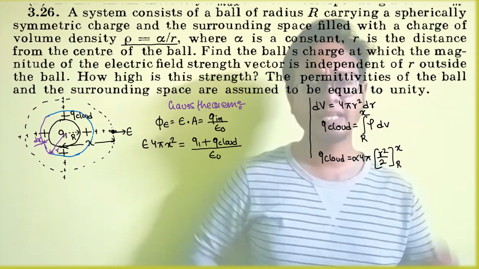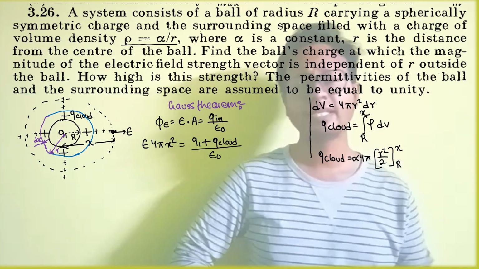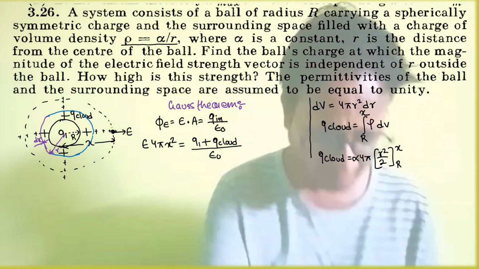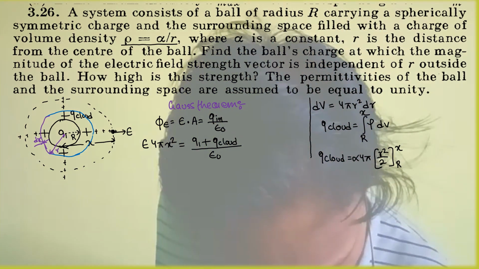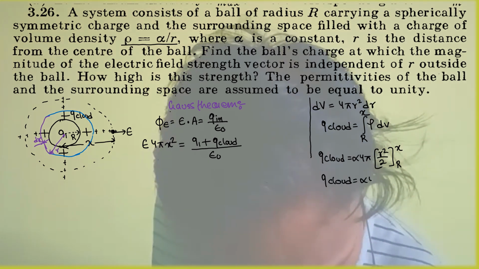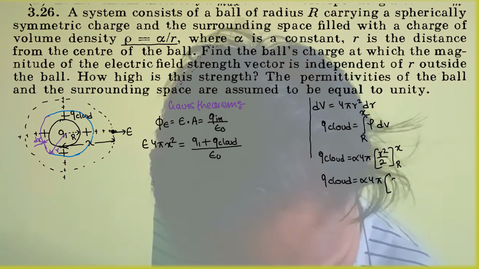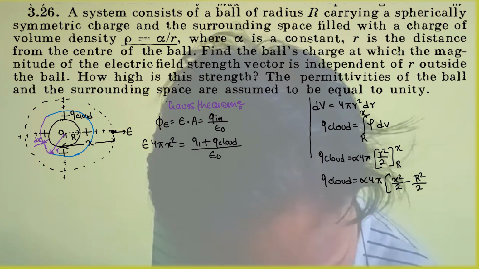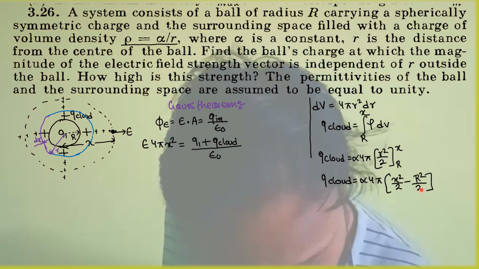In direct integral, you put the upper limit and lower limit. In indefinite integrals, you put the boundary condition. So out here, the charge inside the cloud is equal to alpha 4 pi into x square by 2 minus R square by 2. This is the charge inside the cloud.